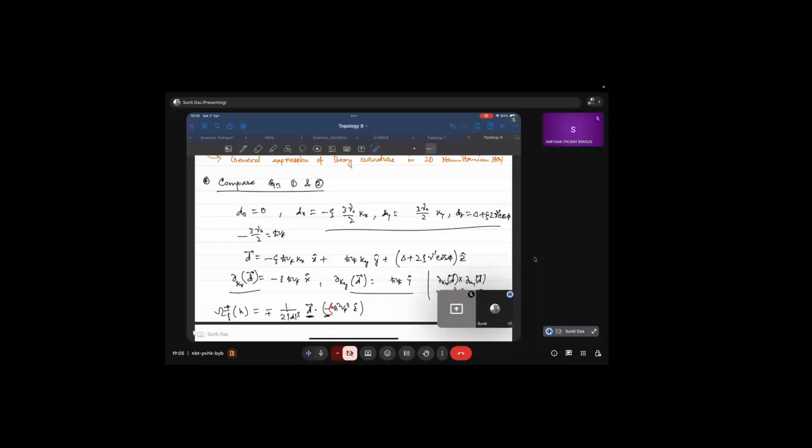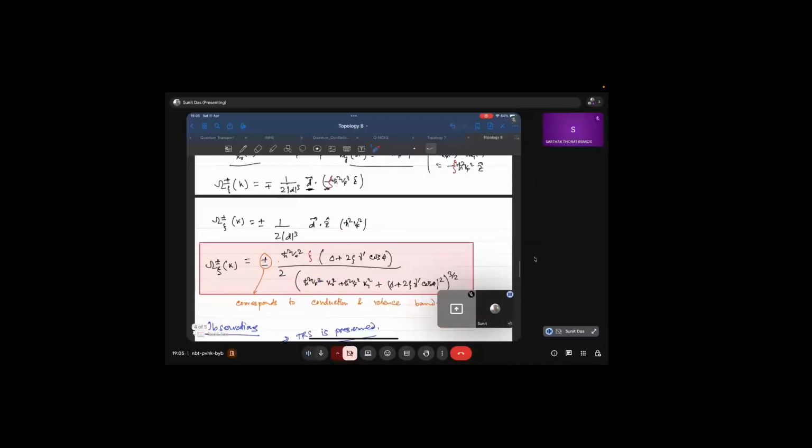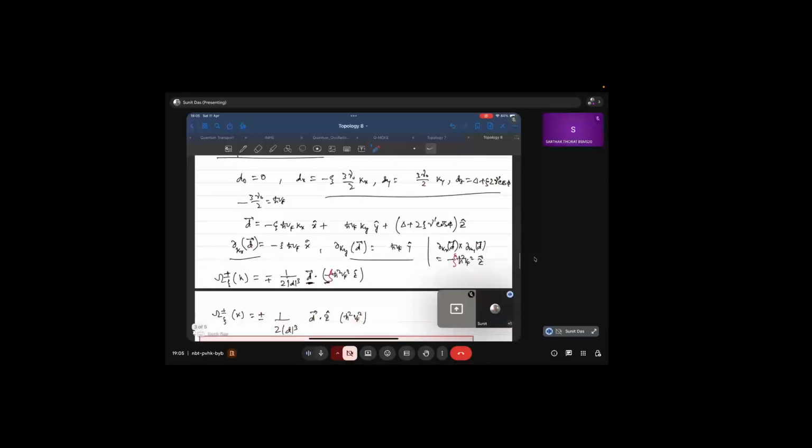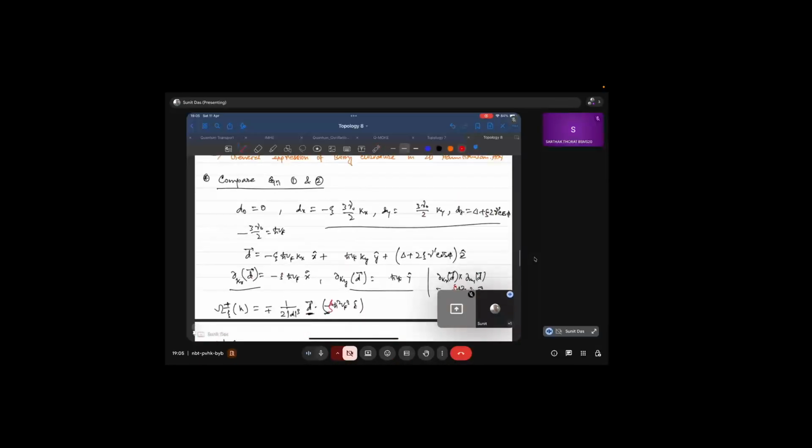So in the dz term, this delta term breaks inversion symmetry, P symmetry, and this gamma prime term breaks T symmetry.